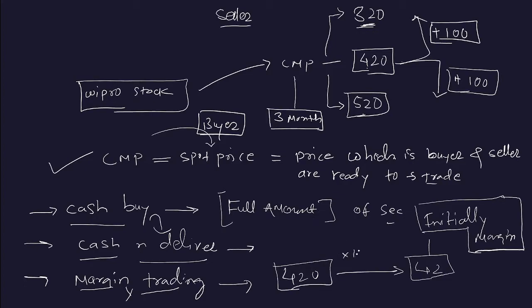Yes, sir. Which is 420. So this ratio is not a standard one. That depends on the security, because Wipro stock is a strong one, where at least you will have to pay 10% as a margin, and then you can buy the security. Then who will bear the rest? Broker will bear the rest. Yes, right? And broker will charge interest on the margin which you have opted. Okay, that's fine. Then what about others? If you don't have a margin, then you can pay premium.